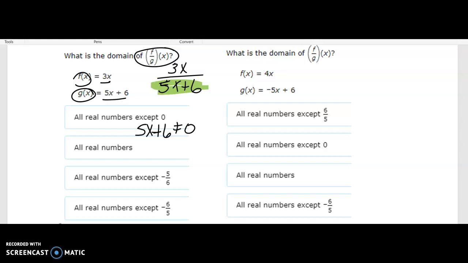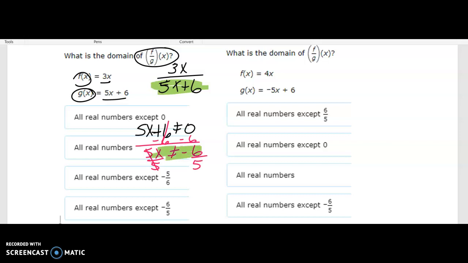Well, what we're going to do is get x by itself, the way we normally would if that was an equal sign instead of a not equal sign. So we're going to subtract 6. So 5x cannot equal negative 6. We're going to divide by 5.